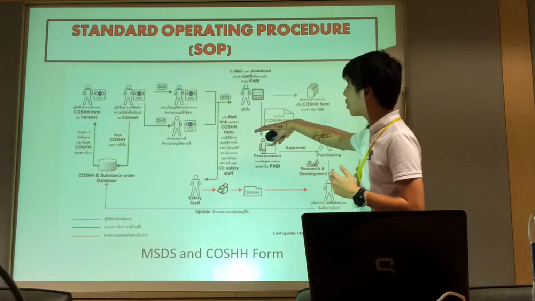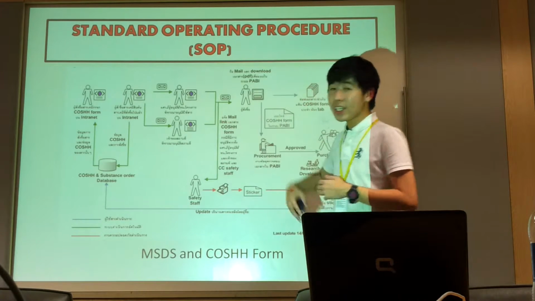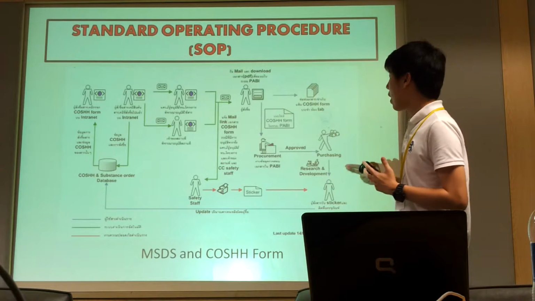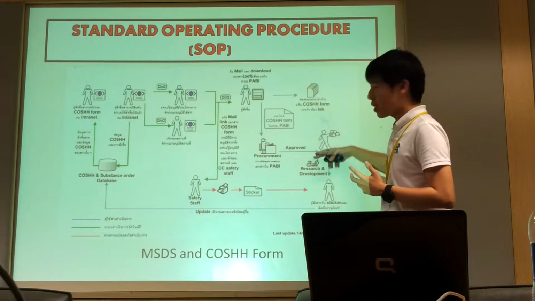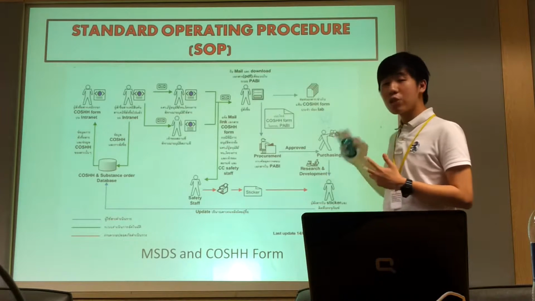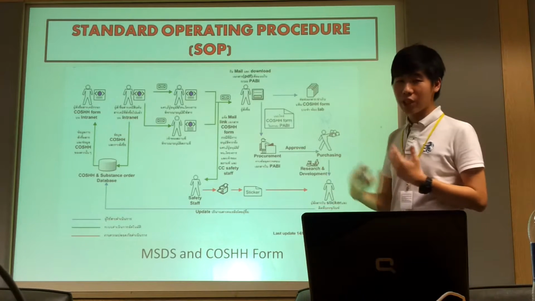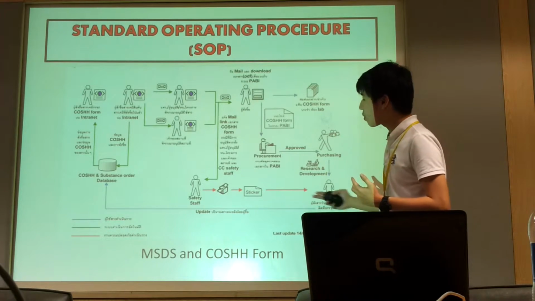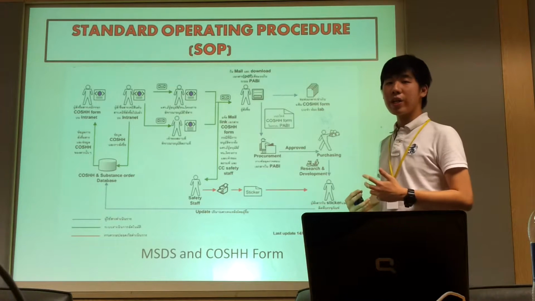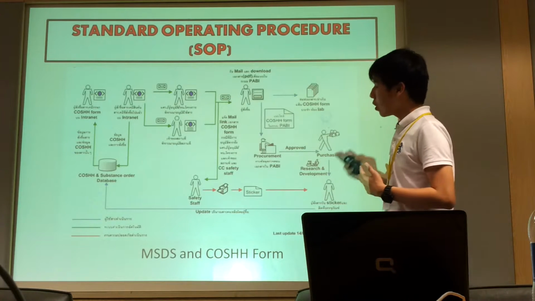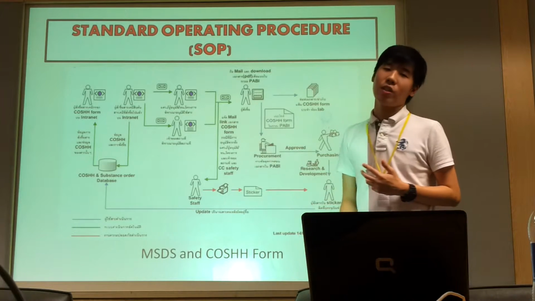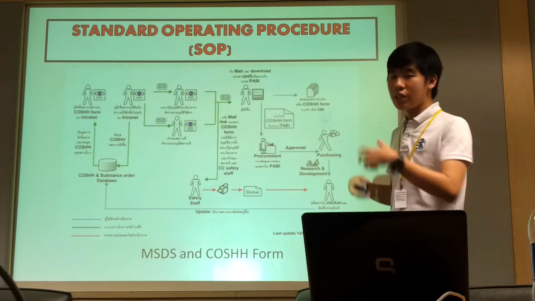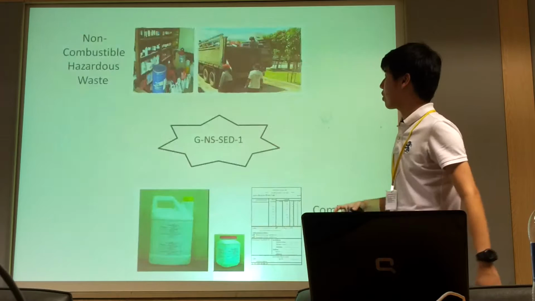So the step is actually you apply it in the computer, and then if it's approved, you have to purchase the instrument or purchase the chemicals, and then you have to label it. After labeling each chemical, you go back to the whole process again. It's actually a cycle process.